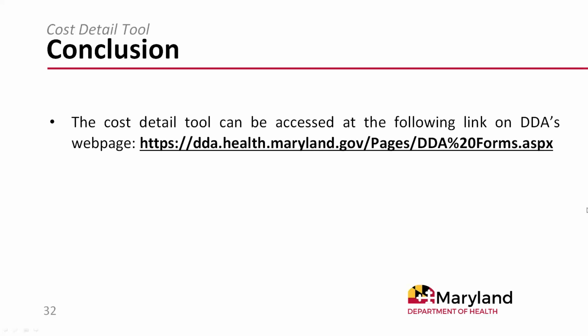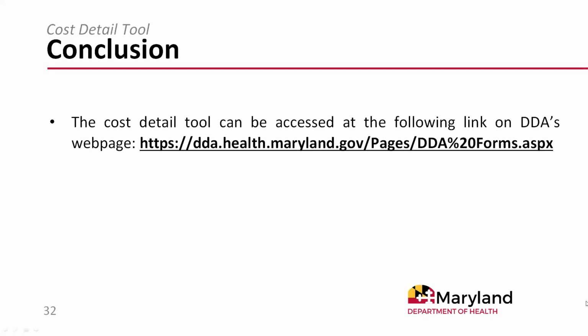Once we fully transition everybody, all service models, all providers, all participants, into our LTSS Maryland system, the person-centered plan will be created, and the detailed service authorization tool can be used as the pre-planning tool to help facilitate the identification of services and scope and frequency, and that will help to establish that person-centered plan.